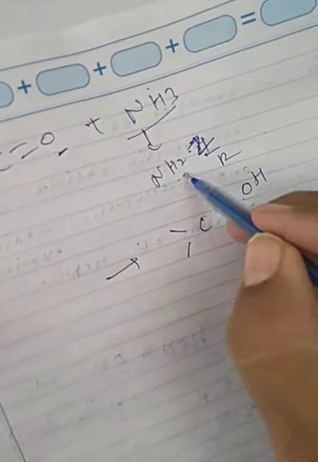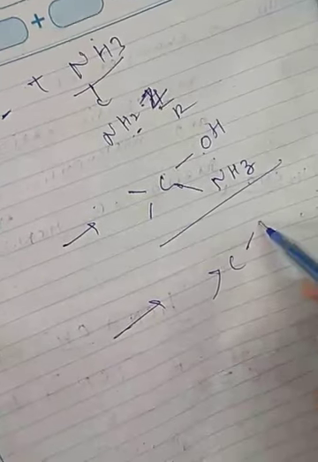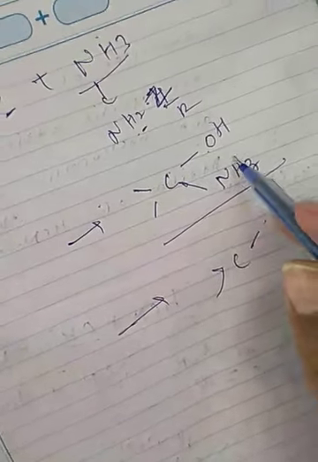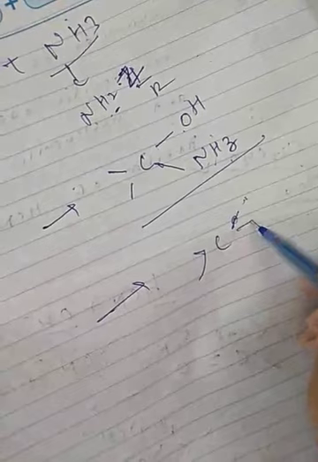H from here, and the remaining NHZ will enter here. This one is the intermediate product. Now the final product, C, OH and NHZ. Instead of that you are getting double bond again and NZ plus removal of this H2O. How? I will explain to you.